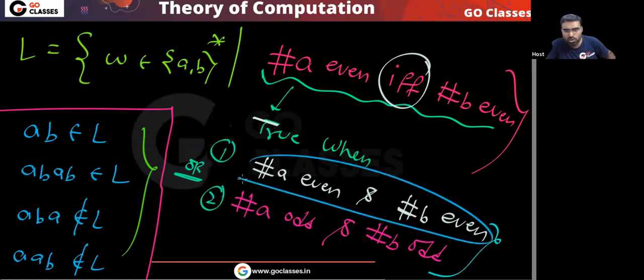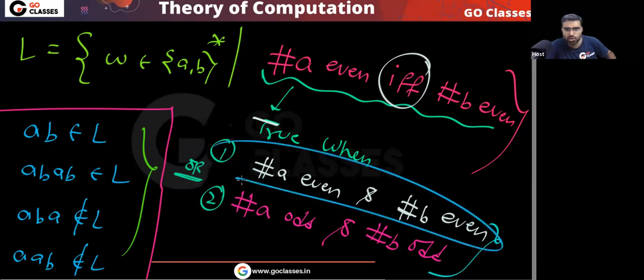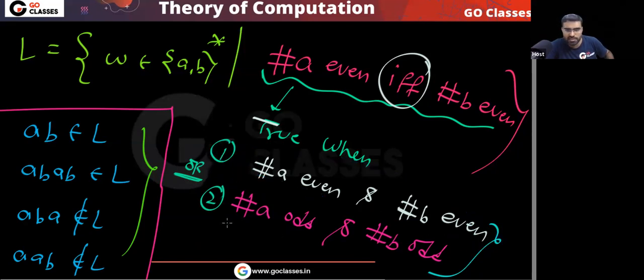See, in this situation also, the entire string will have even length. Yes or no? In this situation also, the entire string has even length. Correct or not? See what I'm saying, a very simple point. I'm saying that the number of A is even and the number of B is even.